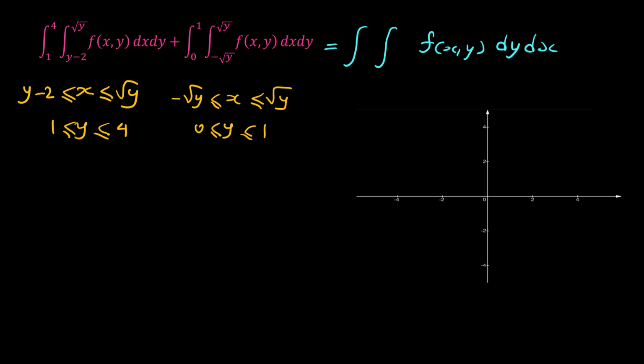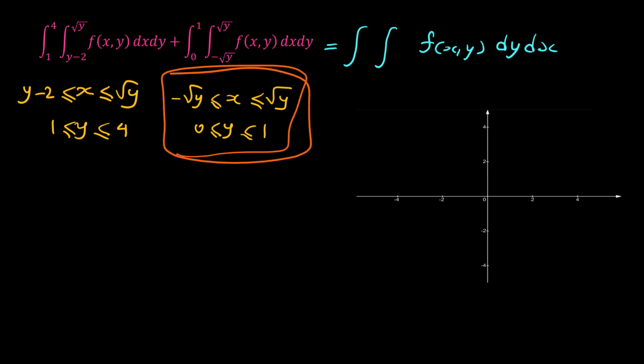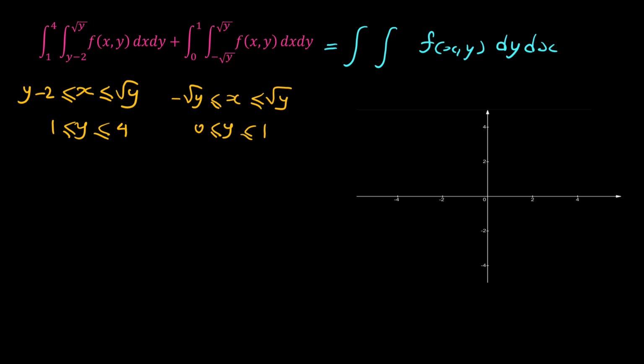Let us start by sketching the graph of these equations, because they seem a little simpler. So we have to graph x equals negative radical y, and x equals radical y.